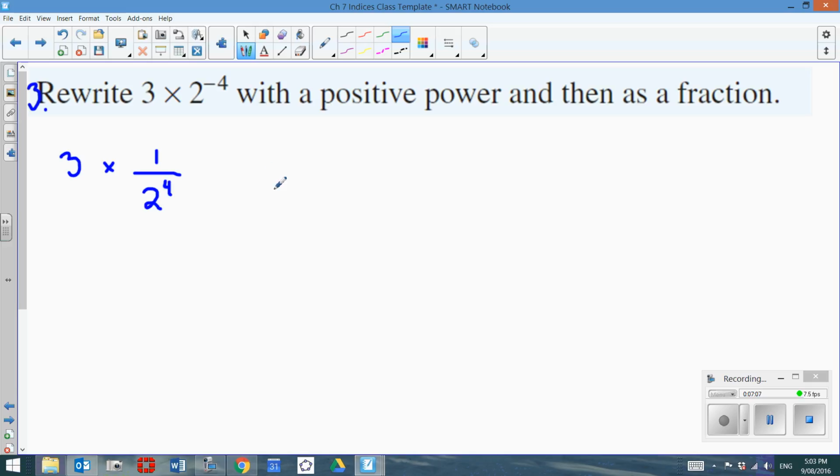I don't want to leave it like this though, because 3 times 1 divided by 2 to the 4th lets me multiply the numerator times the numerator. So 3 times 1 is 3 over 2 to the 4th. If I continue to simplify, 2 to the 4th is 2 times 2 times 2 times 2, so I get 16. So 3 times 2 to the negative 4th is the same thing as 3 divided by 16.